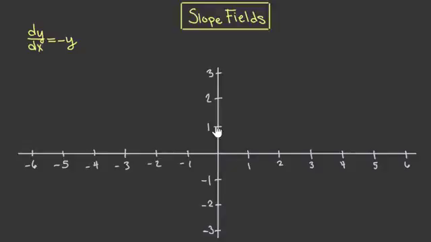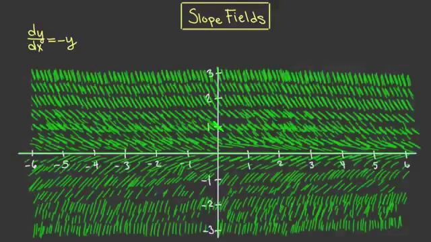And the way we encapsulate this in a diagram is to draw a short line segment at the point (0, 1) with slope -1. And we continue to find the slopes of tangent lines, and we draw a short line segment with the slope given by the value of y' at all points (x, y).